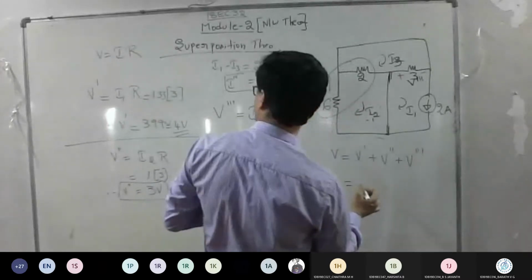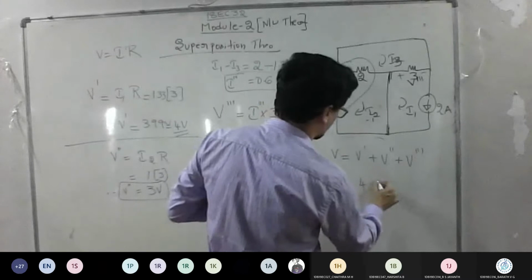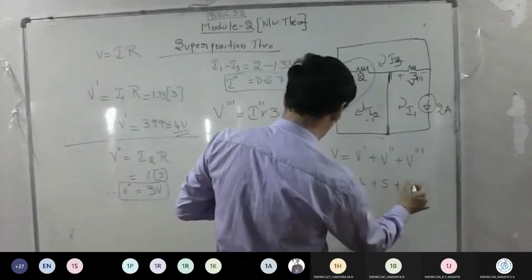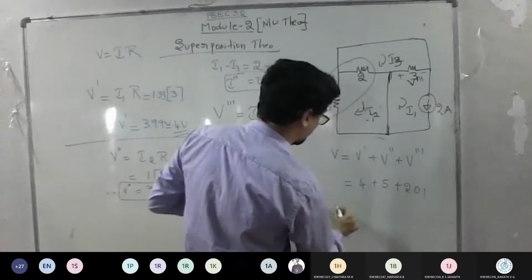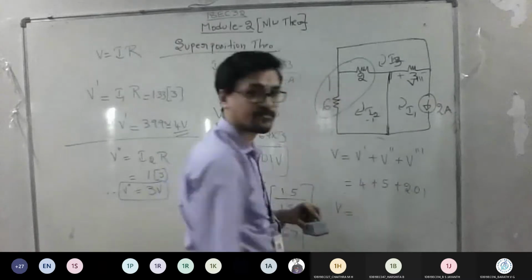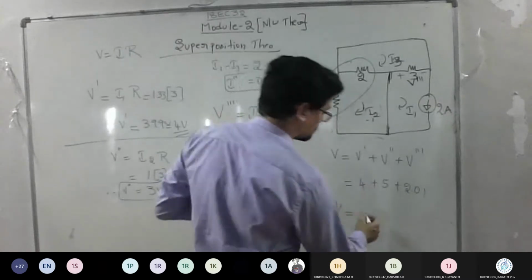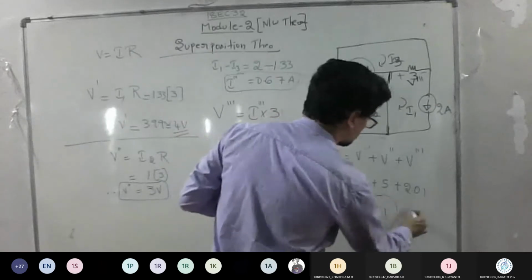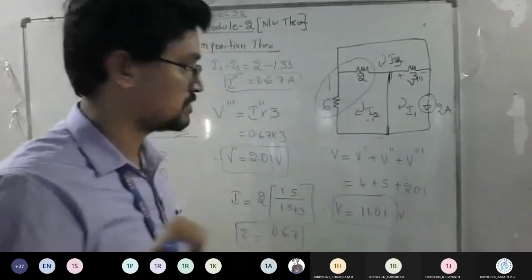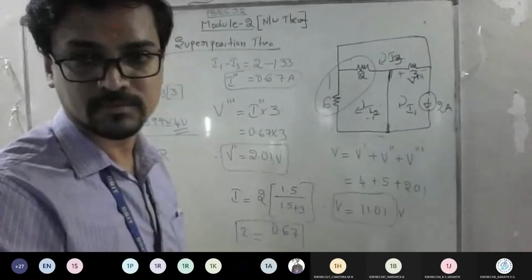So what is the answer for V dash? It's almost like 4 plus 5 plus 2. So therefore, I can tell voltage is equal to how much? 11.01 volt. Is it correct?